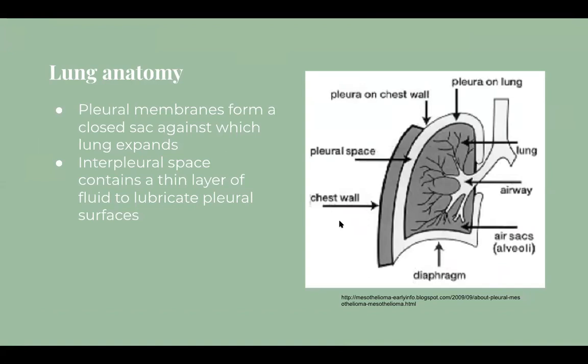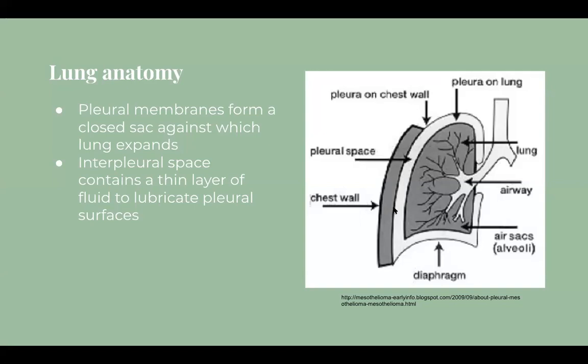Something else to know about the lung anatomy before we move on is that there are pleural membranes that surround the lungs. This forms a closed seal around the lungs against which they can expand. This is the outer pleural membrane, and this is the inner pleural membrane, and between them is the interpleural space.